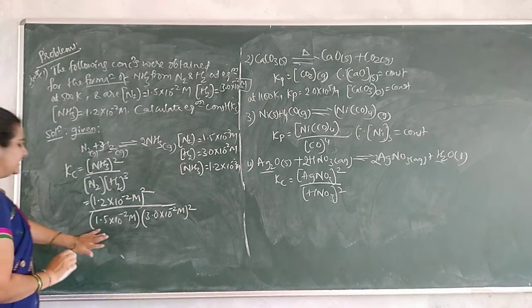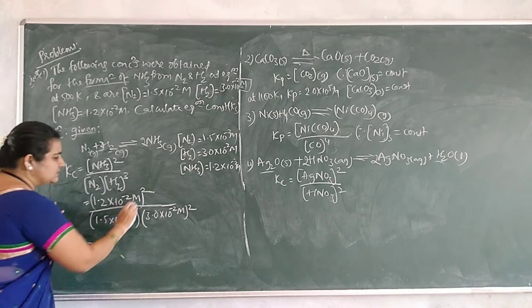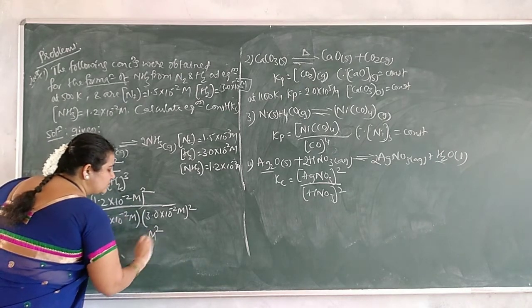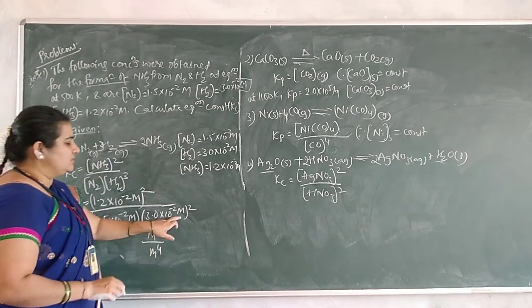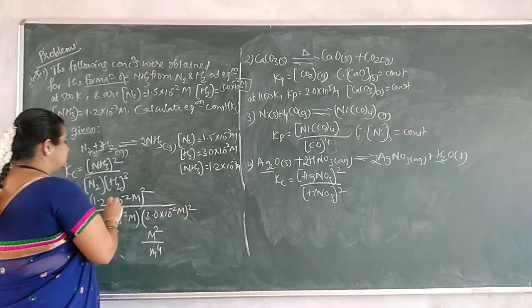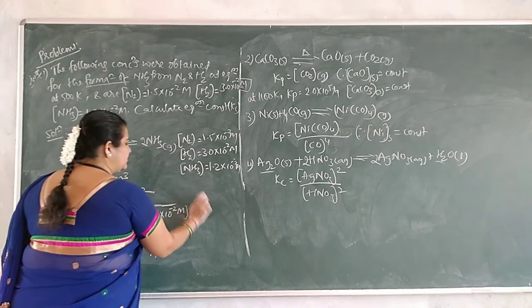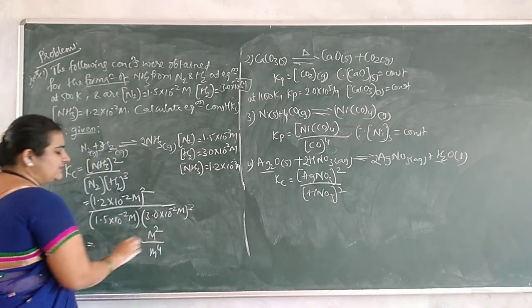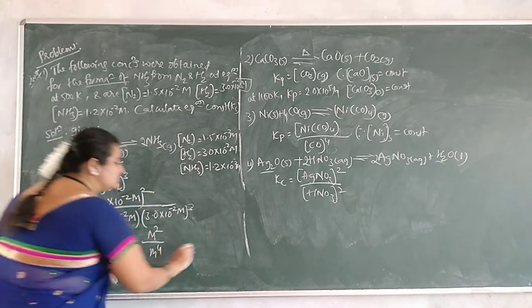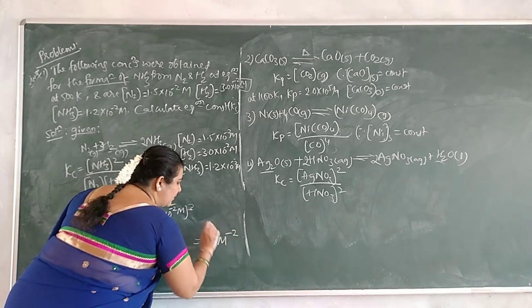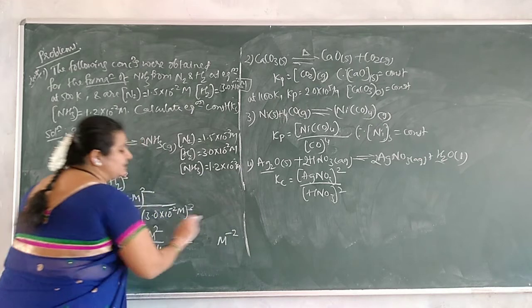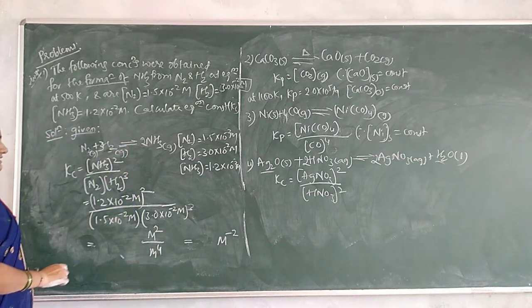Now in the numerator decide the units. Here M raised to 2 in the numerator, and in the denominator M into M raised to 3, totally M raised to 4. So the units of our answer will be M raised to minus 2.